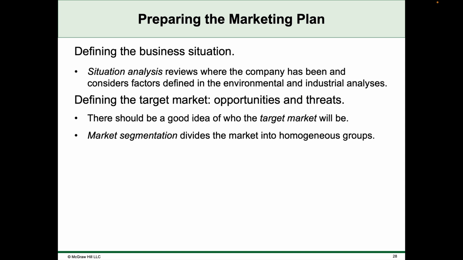And at this step, you would need to have a good idea of who is your customer or who is your target market. So first, you will need to segment the market, meaning divide it into smaller homogeneous groups, and then decide which of these groups will you be wanting to focus on.